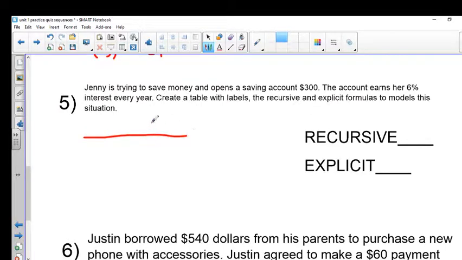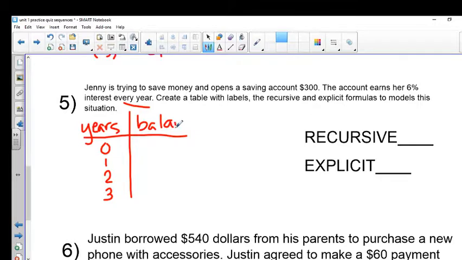So if I do a table, we're going to do the years, because it says every year. So we're going to start with year 0 and we can go down. Normally we do 4 numbers over here, so we're going to do 0, 1, 2, 3. Okay? And then over here we're going to do the balance. Or if you want to put money or whatever, it does not matter. Something simple. You can put money. So we want to know how much money she's going to have.